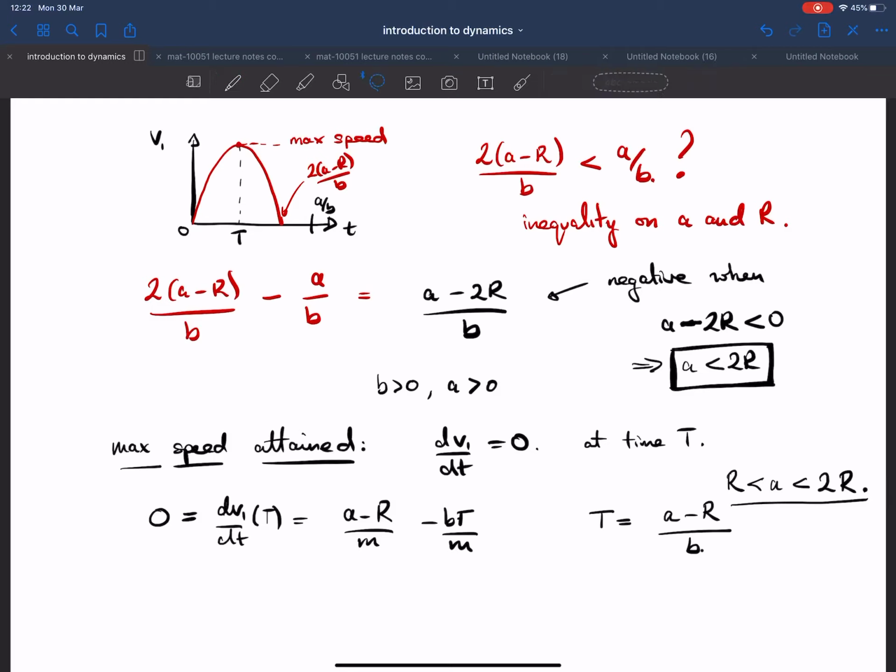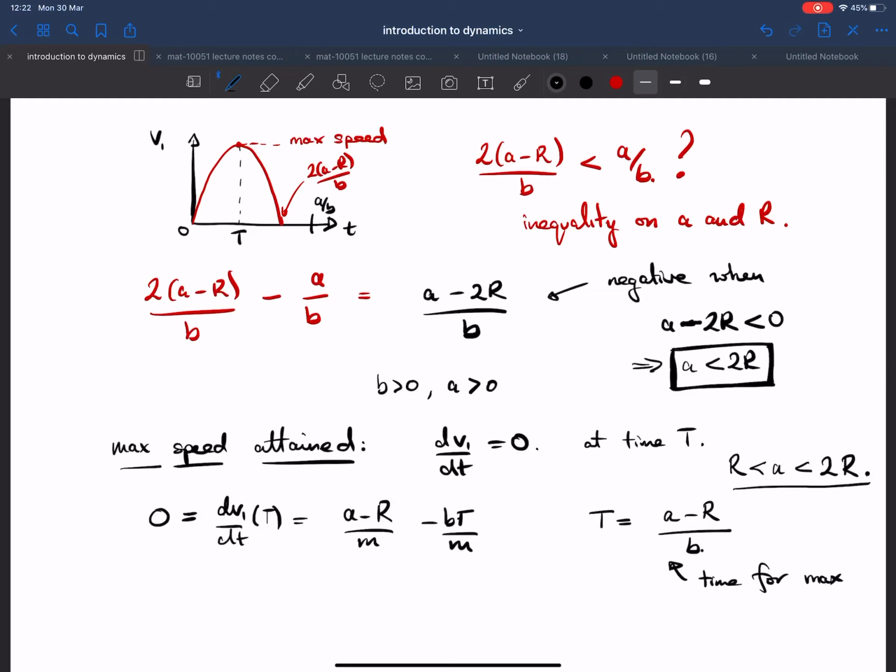So this time is indeed positive. This comes from the start of the question, this condition here, and we also added in the other condition from what we just found. So this is the time for max speed.